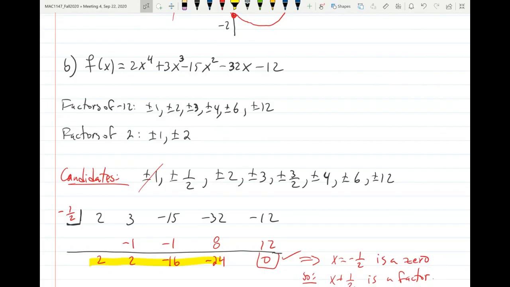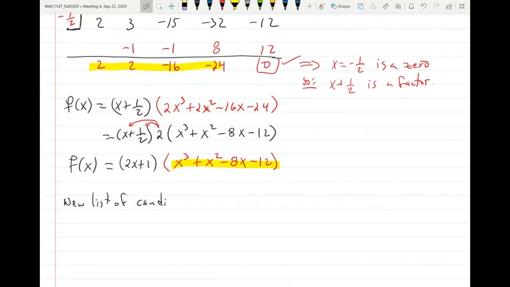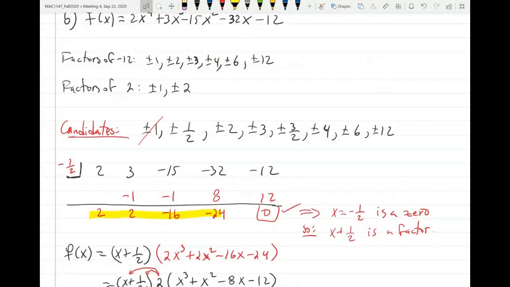For example, those fractions that showed up in the previous list are not going to show up anymore, because the leading coefficient is 1. When the leading coefficient is 1, we're not going to have fractions as rational zeros. There will be integers, because the factors of the leading coefficient are the ones that go in the bottom, and the factors here are just plus or minus 1. That's good news. So plus or minus 3/2, which we had before, we don't have to worry about now.